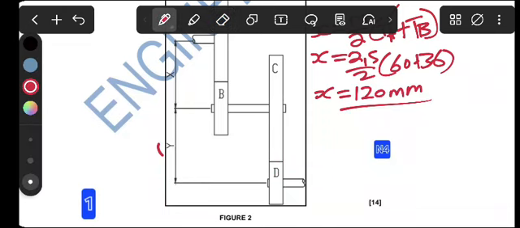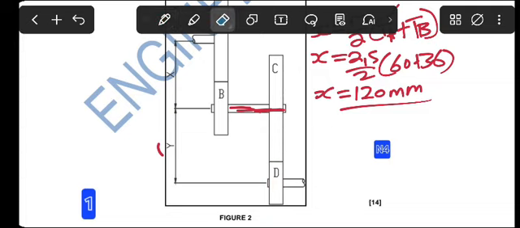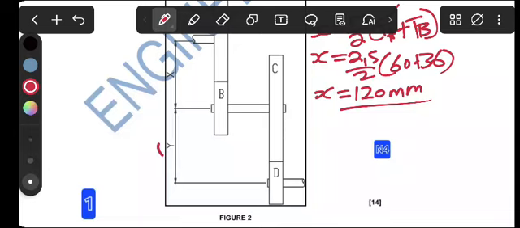This is the shaft. It's between these, guys, because these two are matching, meaning they are interacting. So as we can see, Y is between C and D.